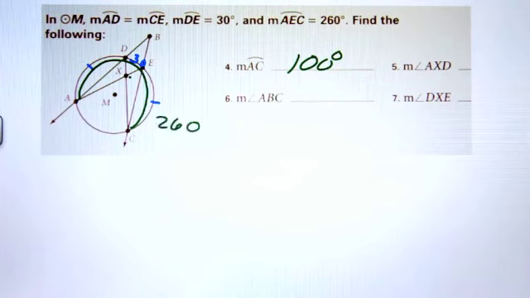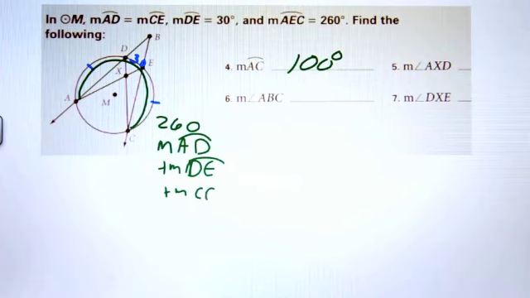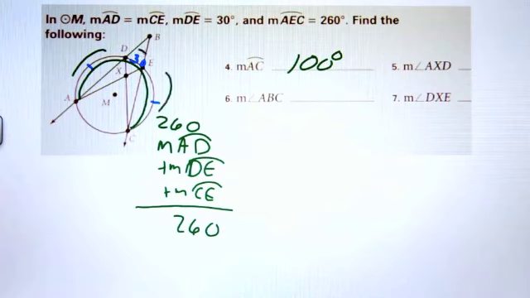What I do know is that the measure of arc AD plus the measure of arc DE plus the measure of arc CE all have to equal the 260, because these arcs all make it up. I know this one is 30, and I know these two are the same, so I'm going to call them X. So X plus 30 plus X has to equal 260.